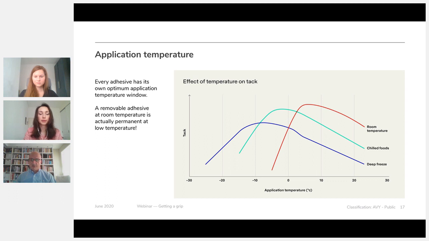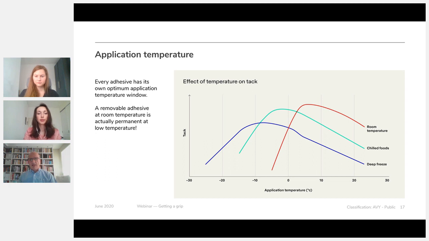Because after the optimal tack of the adhesive, the material becomes glassy and it will lose two things. One of them is its ability to flow onto the substrate, and the second one is it becomes glassy, meaning non-tacky.